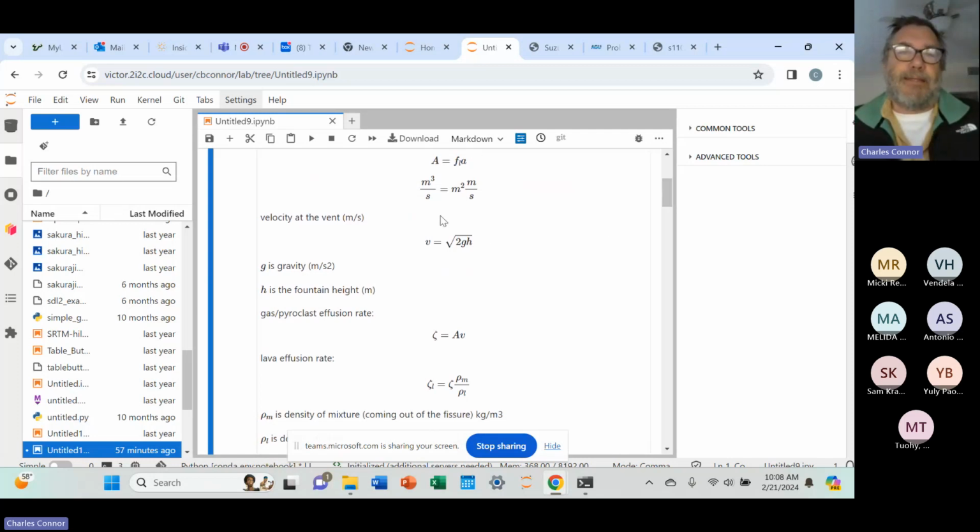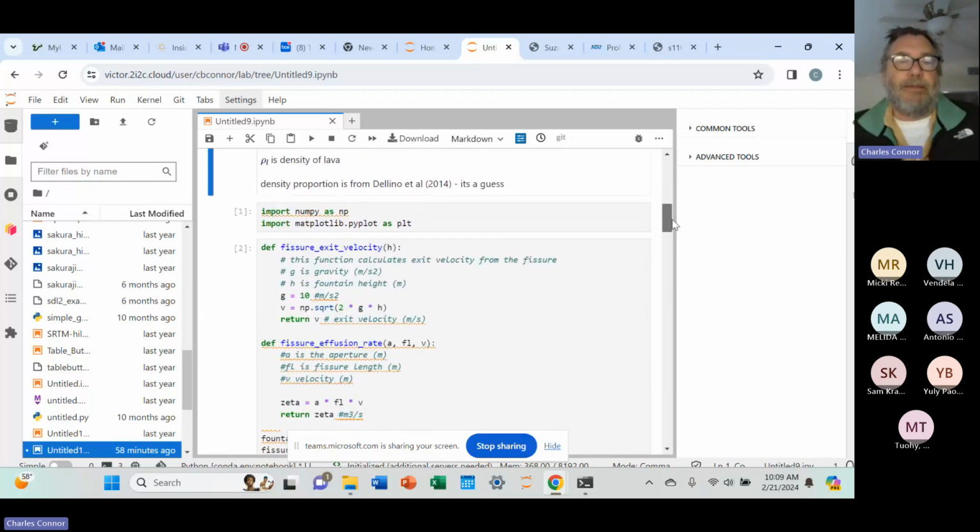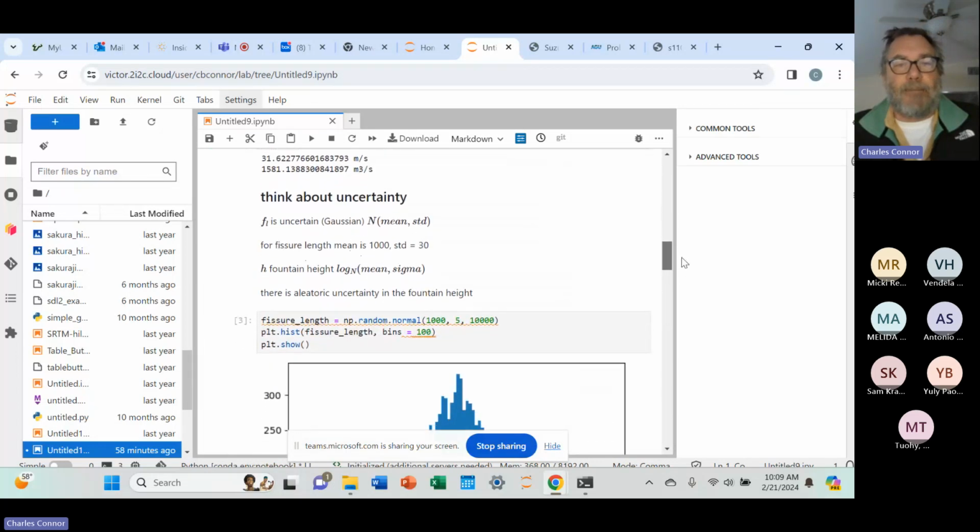Based on a quick dimensional analysis of the units, we decided we could calculate a velocity at the vent of the magma gas mixture as it came out, and use that to estimate an effusion rate if we knew something about the ratio of the density of magma to the density of the entire gas pyroclastic mixture coming out of the ground. We referred to some literature to do that. Then we developed some equations and solved the problem.